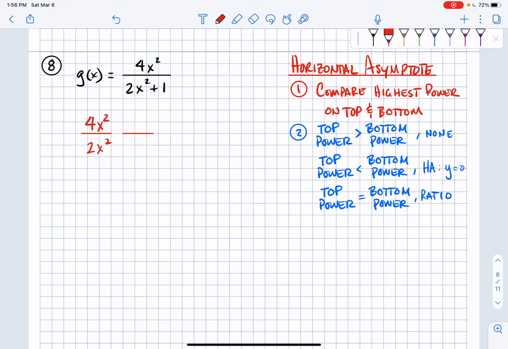Okay? So meaning this. So I'm comparing that. So step 2, now, since the powers are the same, it's going to be 4 over 2. So that means y equals 4 over 2. So that means y equals 2 would be my horizontal asymptote.